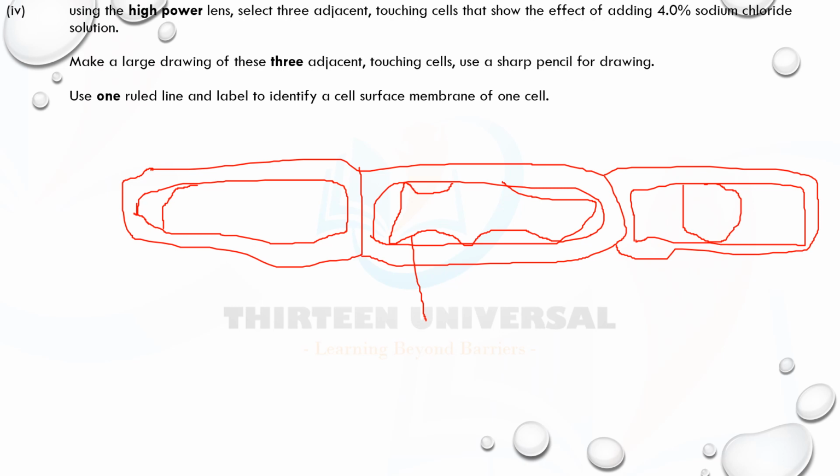Identify this is the cell surface membrane, this is the cell membrane. That's the one pulling away, right? Here is the cell membrane, so I'm going to write it in short form. Let me complete it. Cell membrane, cell membrane.